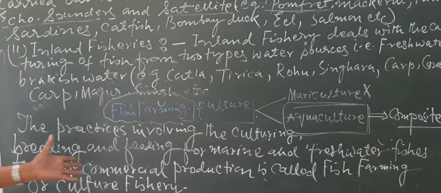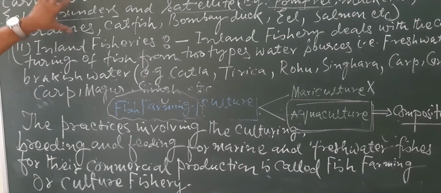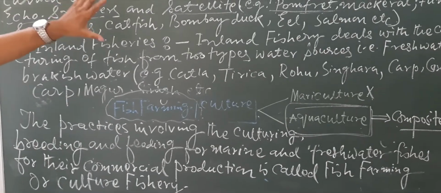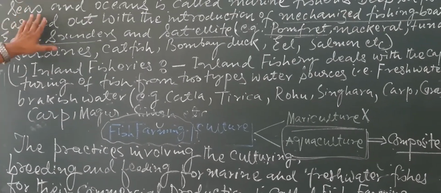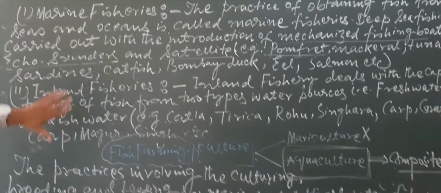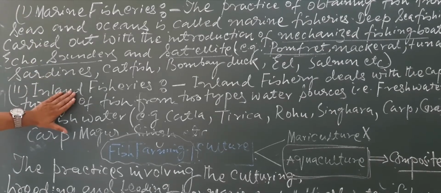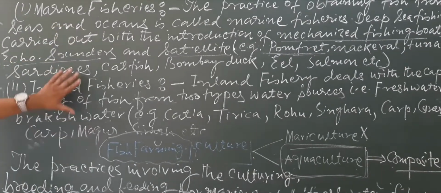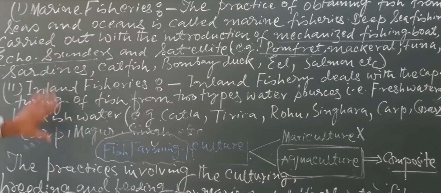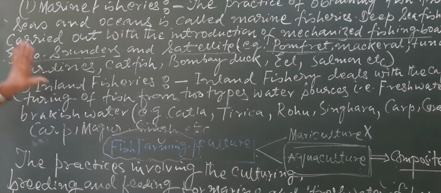Once again, listen carefully. There are two sources, and naturally there is capturing of fish from those two natural sources, known as marine fishes and inland fishes. But these are not sufficient to fulfill the demand for fish, and no high production is obtained.